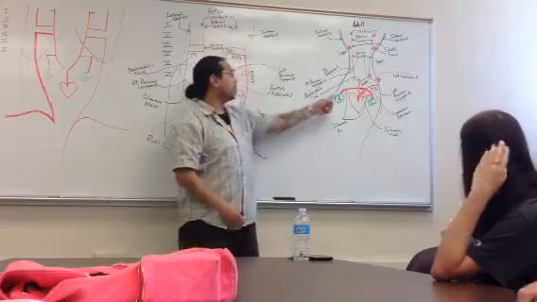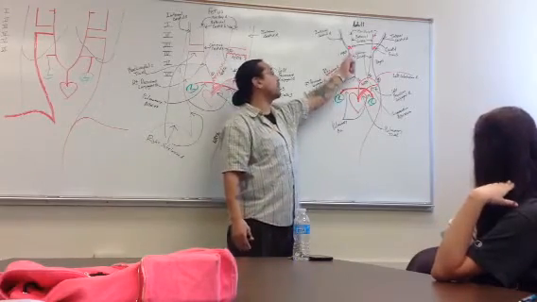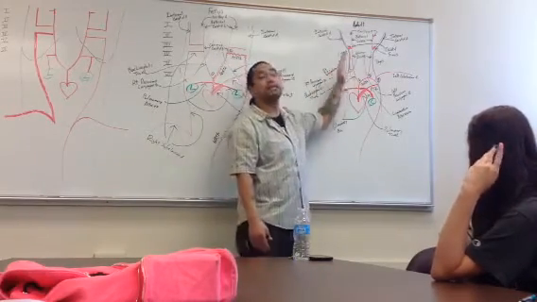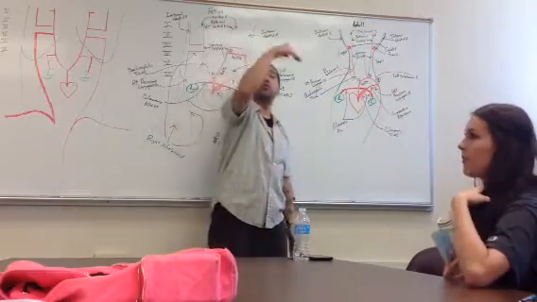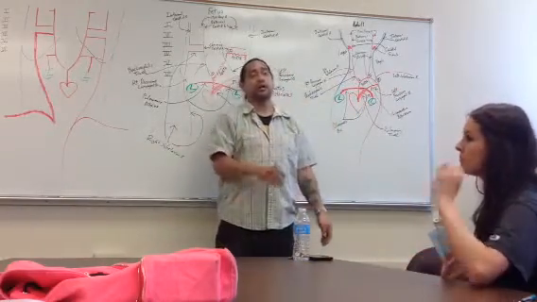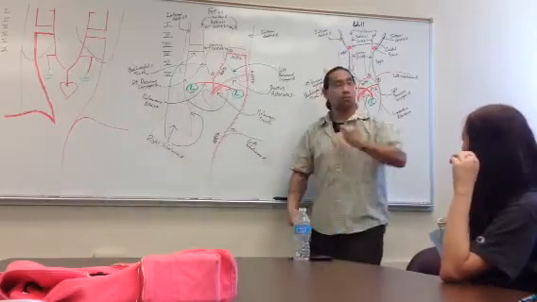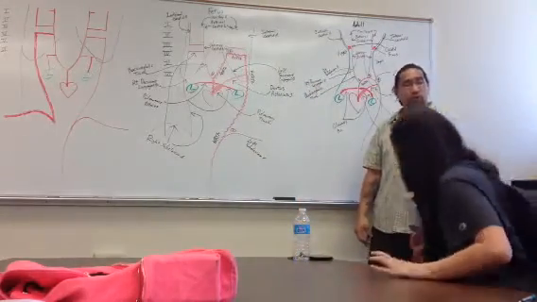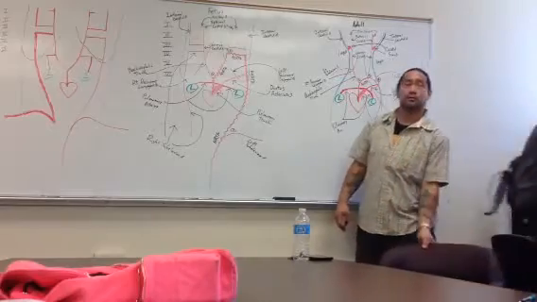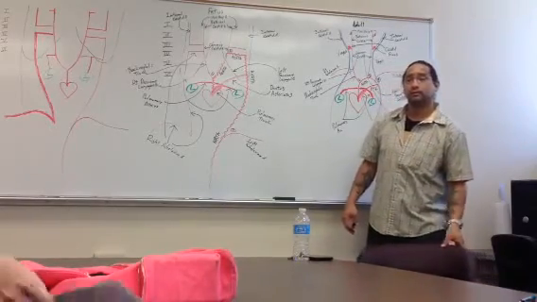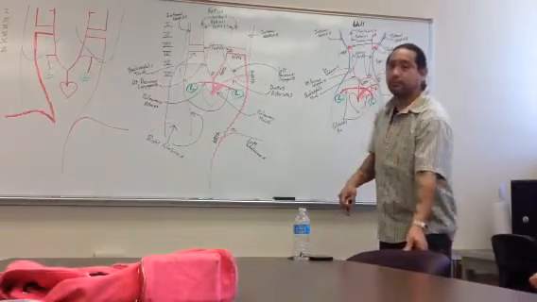So that's why it's brachiocephalic with right subclavian, right common carotid, then your left common carotid, then your left subclavian, because you're following the path of the vessel and the flow of the blood, going right to left. Same thing when we do the guts, you're just following what's coming first and then what comes next. Yeah?